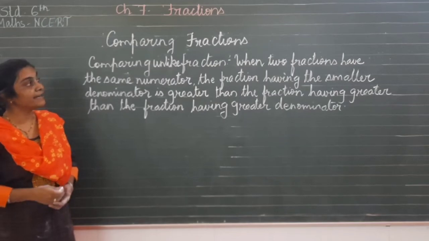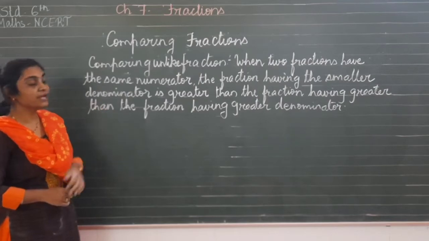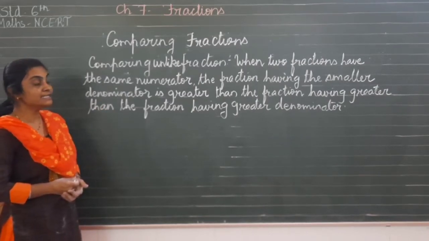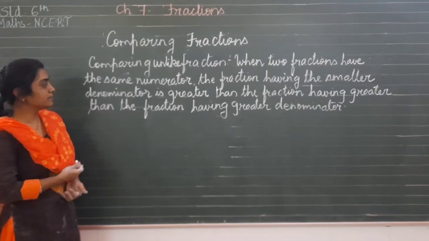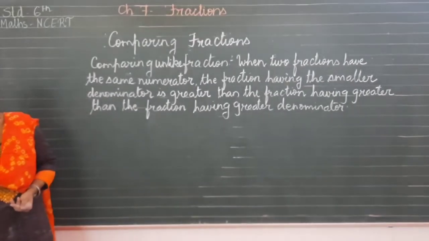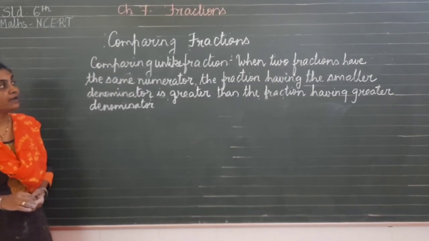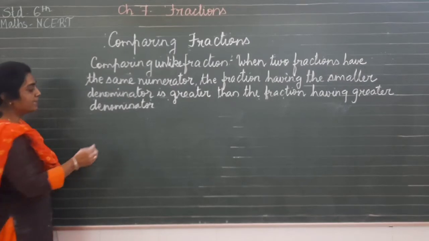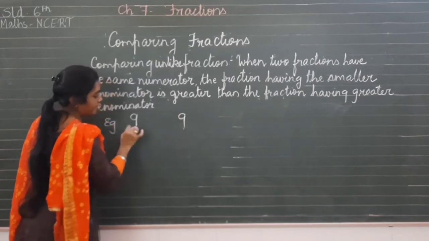Now let us see comparing unlike fractions. When two fractions have the same numerator, the fraction having the smaller denominator is considered greater than the fraction having the greater denominator. Let us see an example, 9 and 9.